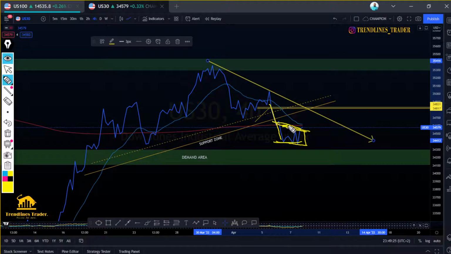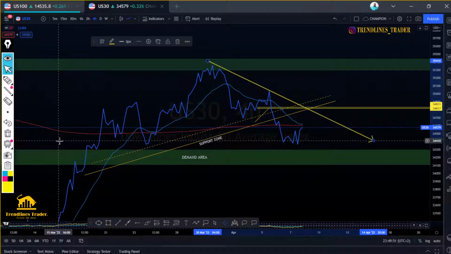If it doesn't respect this area, it will continue to reach our potential resistance and push towards the downside, or it will break and push towards the upside. I hope you guys are following.